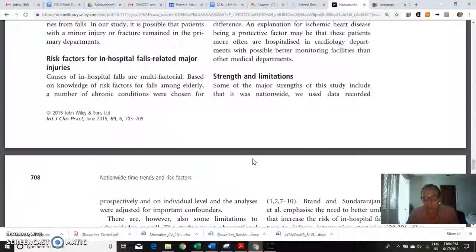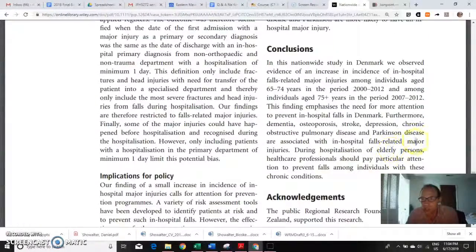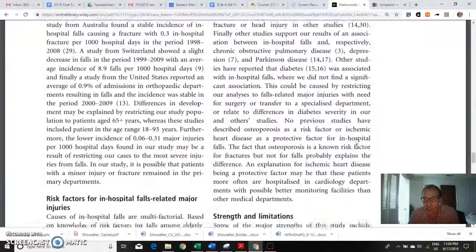If we go to the conclusions of the article where they talk about dementia are associated with in-hospital falls-related major injuries, notice that word associated. They're saying we definitely have a correlation. We're not going to go so far as to say that this is a causation, but enough that these are significant predictors.